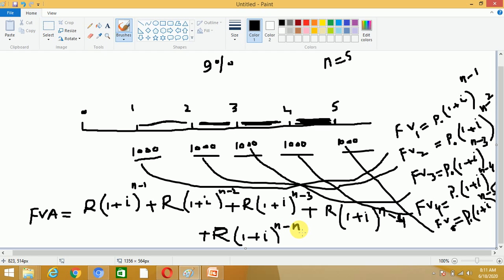So this will be our formula for calculating the future value of annuity.